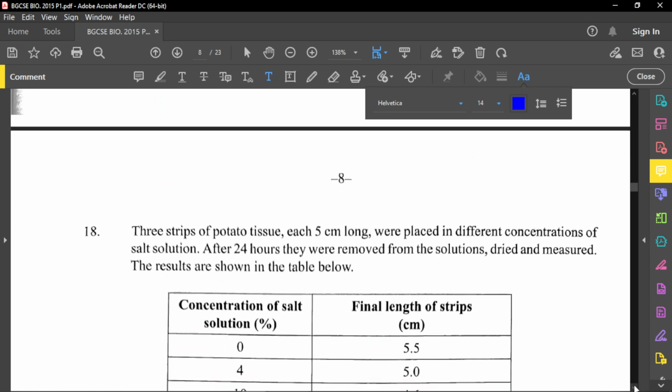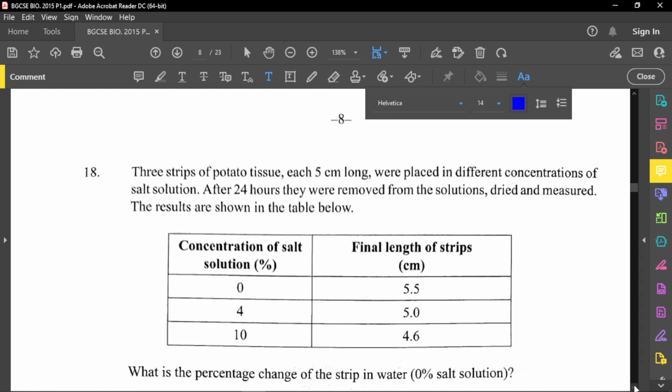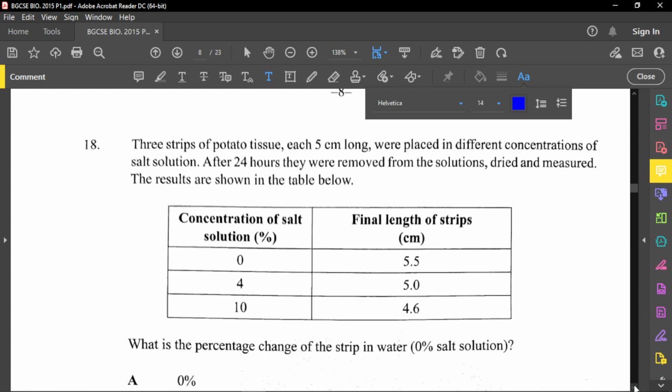Question number 18. It says 3 strips of potato tissues, each 5 centimeters long, were placed in different concentrations of salt solutions. All right, and so after 24 hours, they were removed from the solutions, dried, and measured.